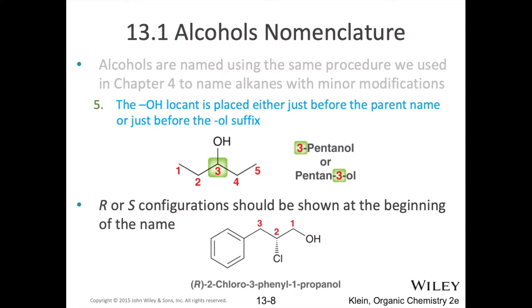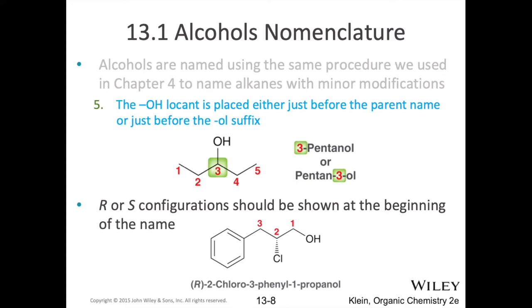Just like with alkenes and alkynes, you can put that locant at the start of the name or right before the suffix of the name. So, for example, here we have 3-pentanol, or you could call this pentan-3-ol. Personally, I find that calling it 3-pentanol is more common. But there are times when having that locant in the middle of the name is more convenient, especially if you have multiple functional groups.